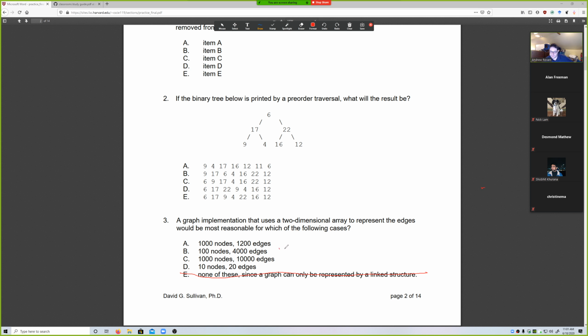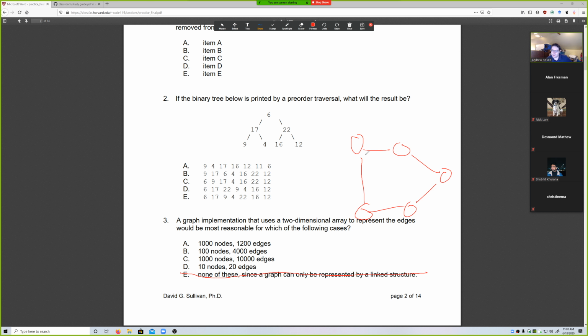Isn't it based on how full the graph is? And what special terms do we use for that? I can't remember. Sparse and dense. Yes. Right? We have sparse graphs and we have dense graphs. Sparse graphs are where the number of edges and the number of nodes are roughly the same.